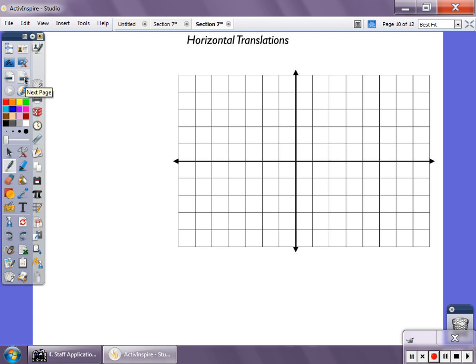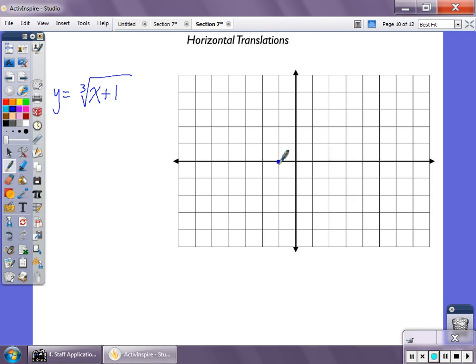So for a horizontal translation, what that will look like is y equals the cube root of x plus 1. We are adding on the inside, that is a shift to the left 1 unit.